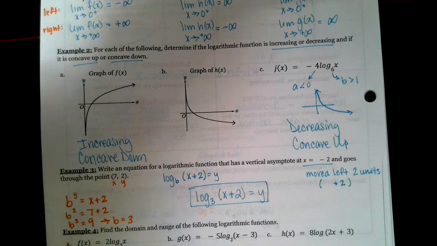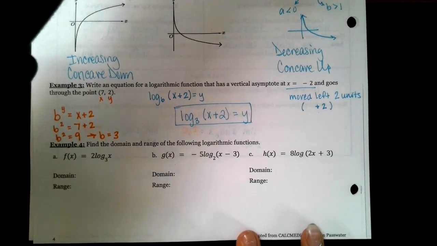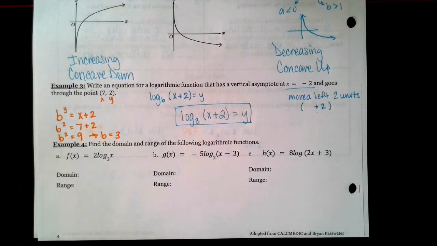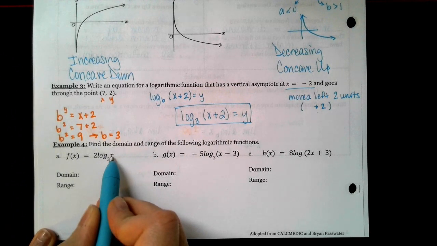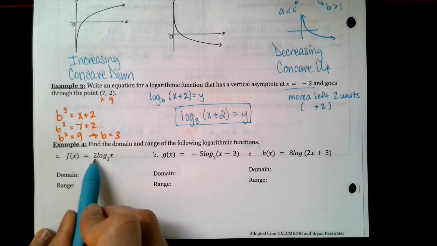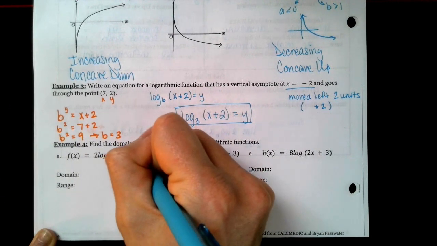For the very last one, I'm going to look at part A and part C, and I'm going to leave B for you to do. So for part A, I have 2 times the log base 3 of x. So my A value is bigger than 0, so that means my graph will be increasing, and it'll look something like this.